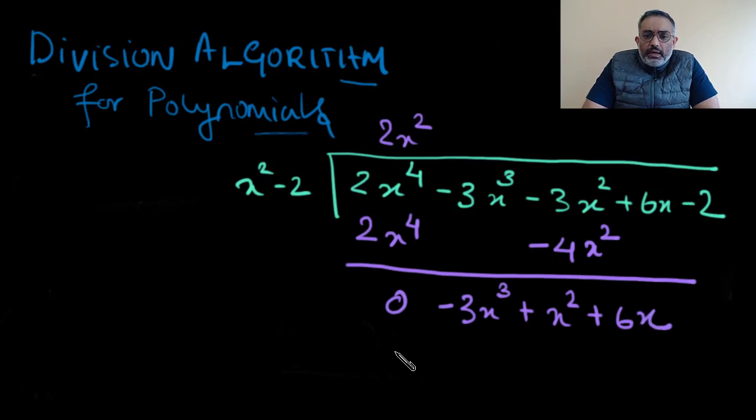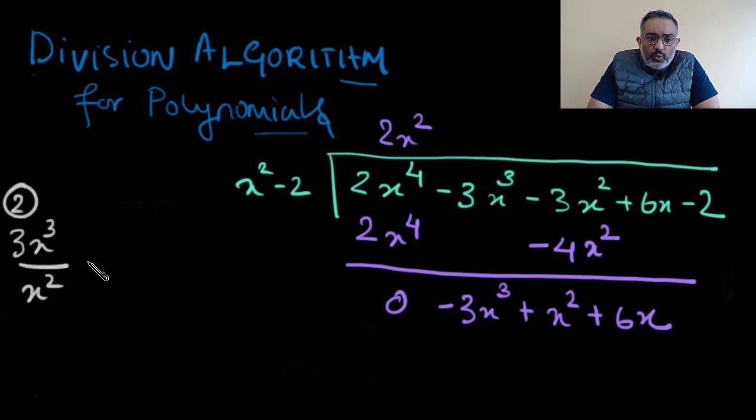All right, now our next step focuses on this 3x cubed and x squared. So the second step is 3x cubed by x squared, which will yield 3x as the solution.